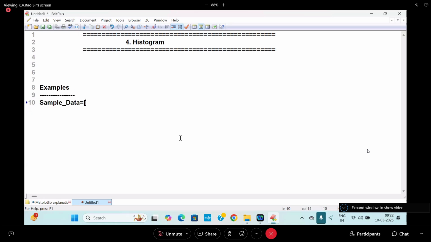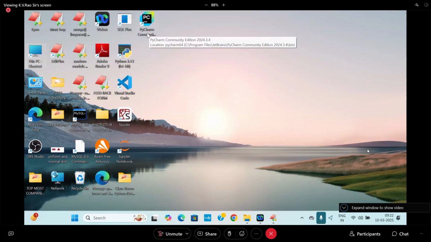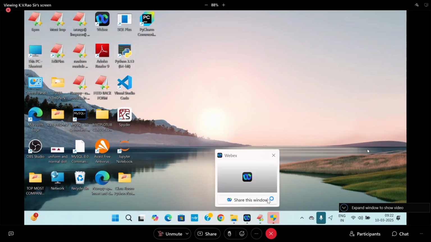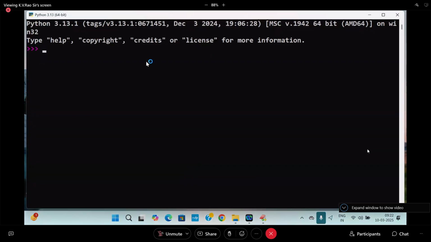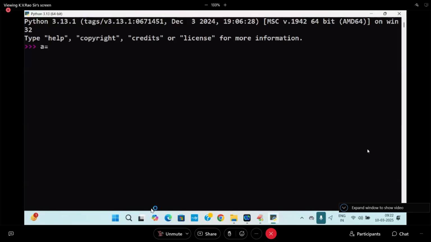Sample_data is equal to a list of values. I will take one small piece of code. Now I'm writing import numpy as np.